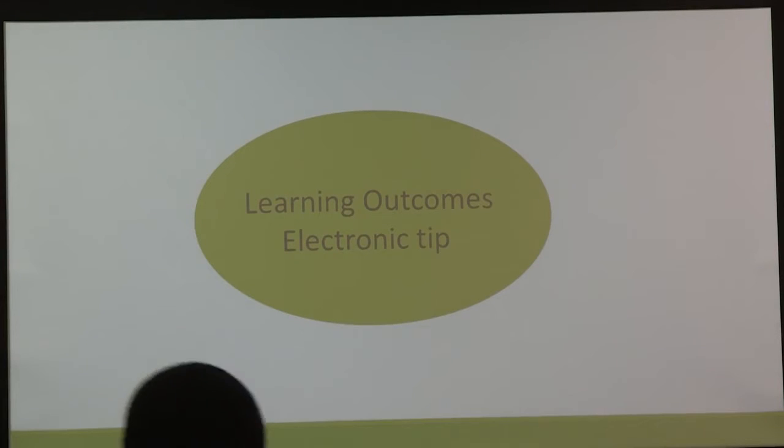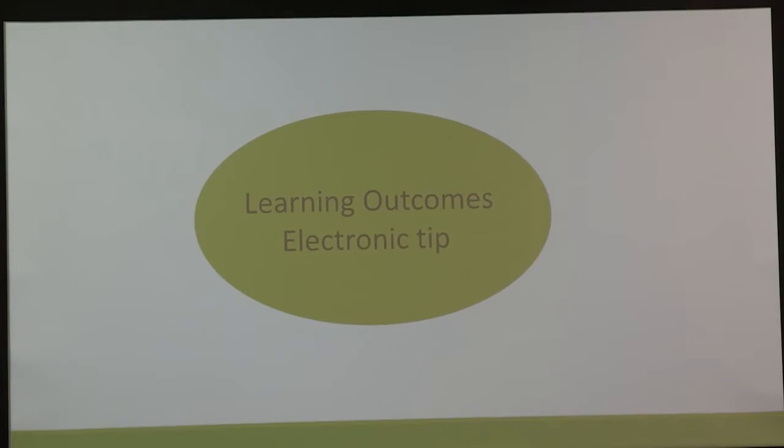What I'd like to do is interject how technology can help you in your face-to-face class in these different steps. The first step with learning outcomes and learning objectives is that you should provide these learning objectives to your students as many times as you can, so there's no doubt in their mind what the objectives are.